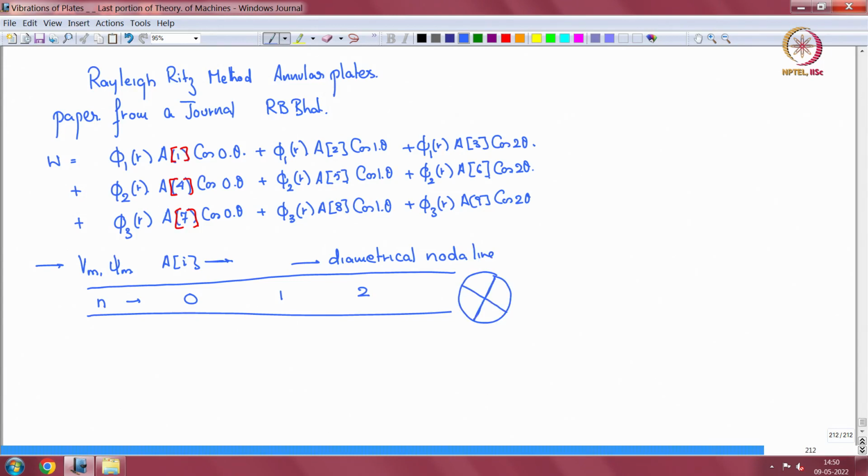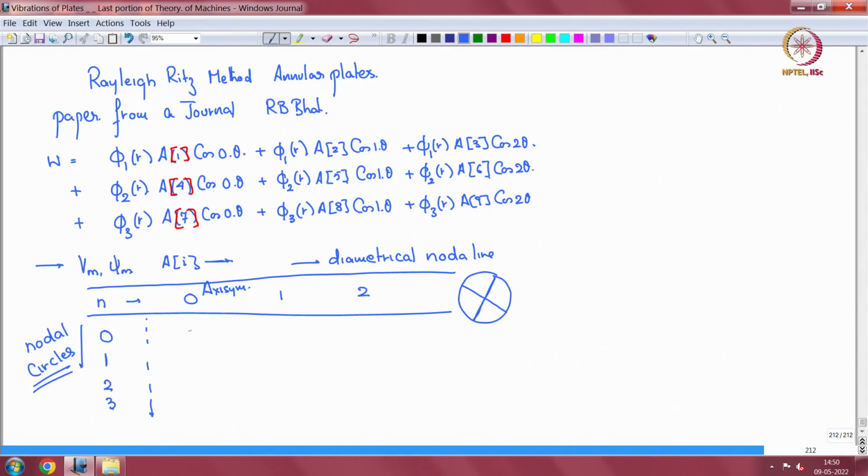And here we have this number going from 0, 1, 2 and 3. These are nodal circles. I am showing you the table that is listed in the paper. So this whole line is the axisymmetric line, n 0 is axisymmetric.